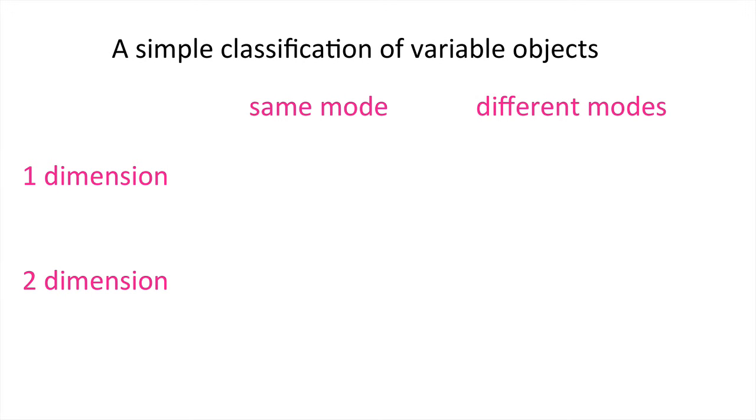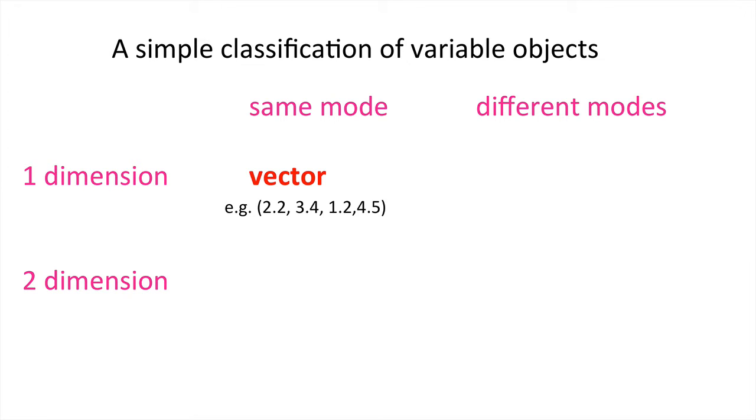Hello. In order to introduce vectors to you, I'd like to begin with a simple classification of objects in R. Perhaps the simplest classification is based on how many dimensions and whether the elements in the object have the same mode or different modes.